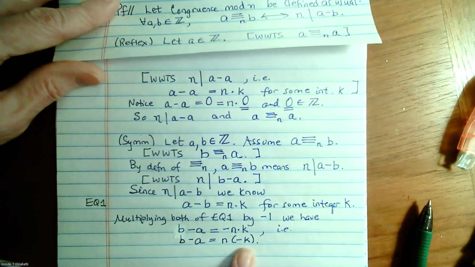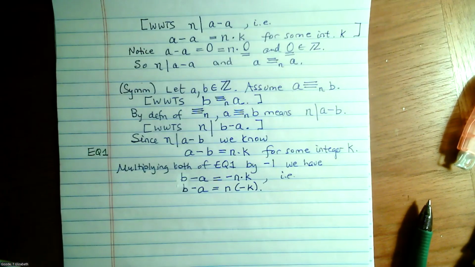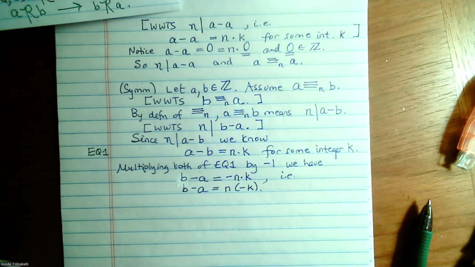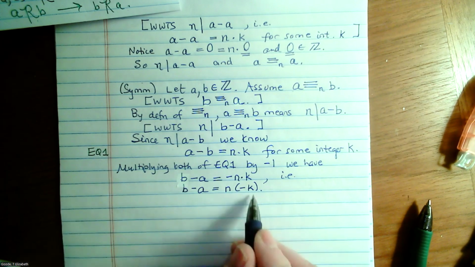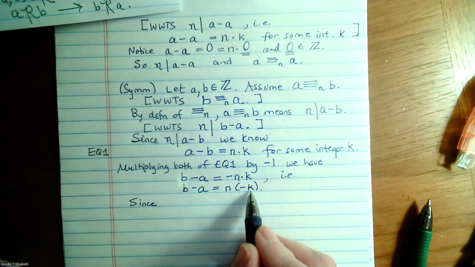And certainly, negative K is an integer if N is an integer. Do you agree? Certainly, because integers are closed under multiplication. This is multiplication of K times -1.